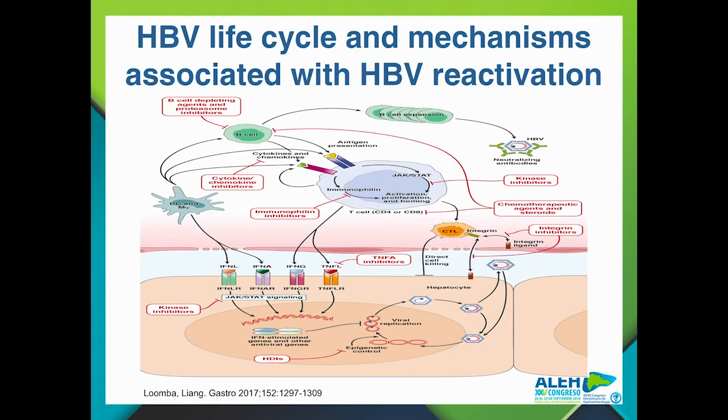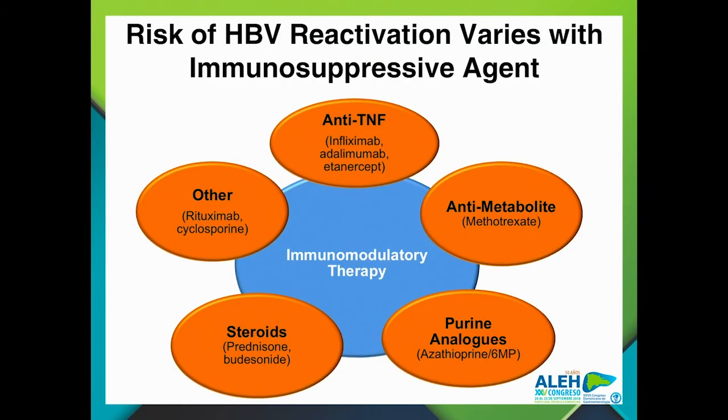If we were to interfere with that, then we allow potentially the hepatitis B virus to proliferate, reactivate, and cause its problems. And so the life cycle becomes important, but equally important is understanding where along the way we are interfering with the immune response and which ones are more important than others, so to speak, to go forward.